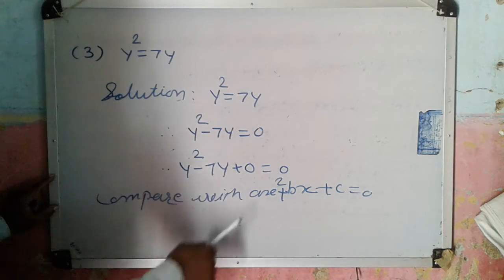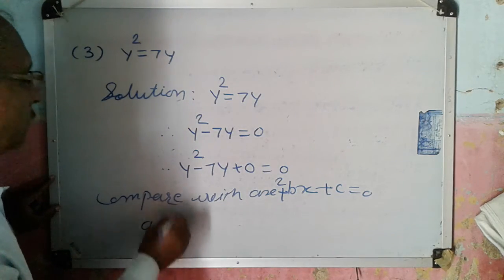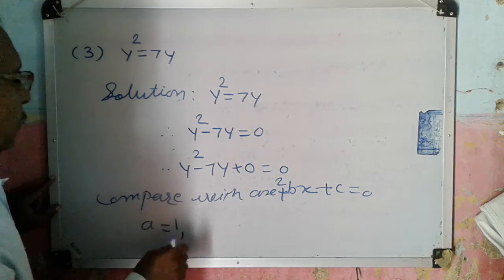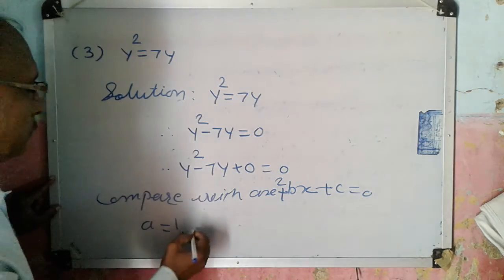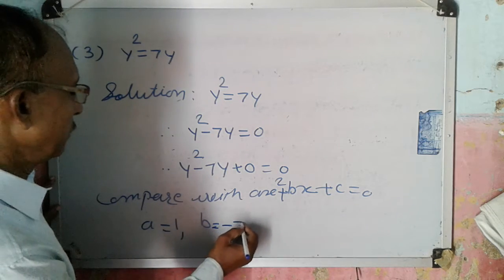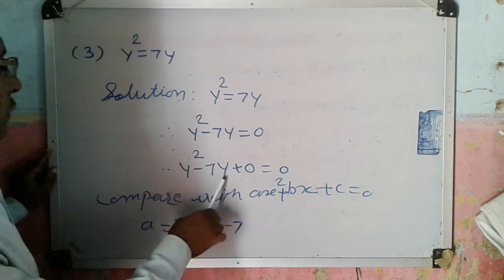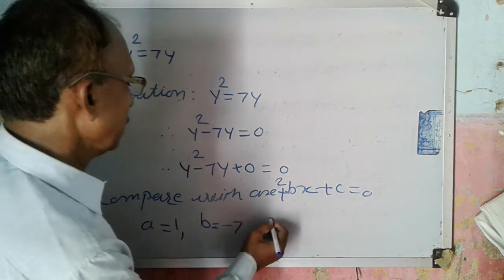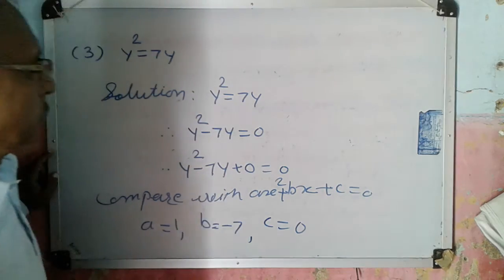So comparing we get here a is equal to 1. So coefficient of y square is 1. B is equal to minus 7. That means coefficient of y. And c is equal to 0.